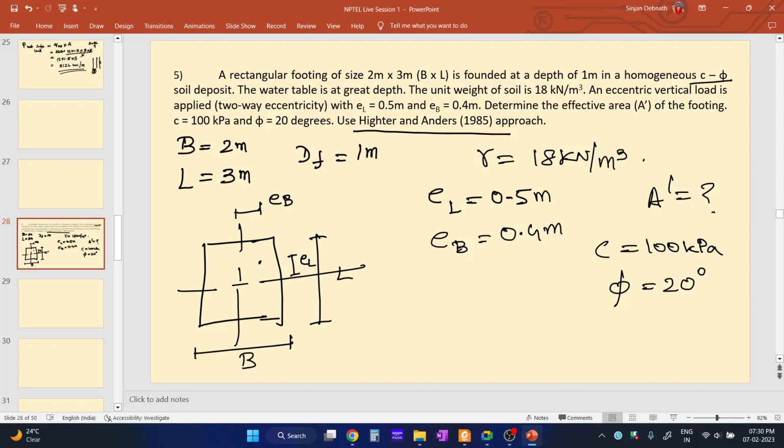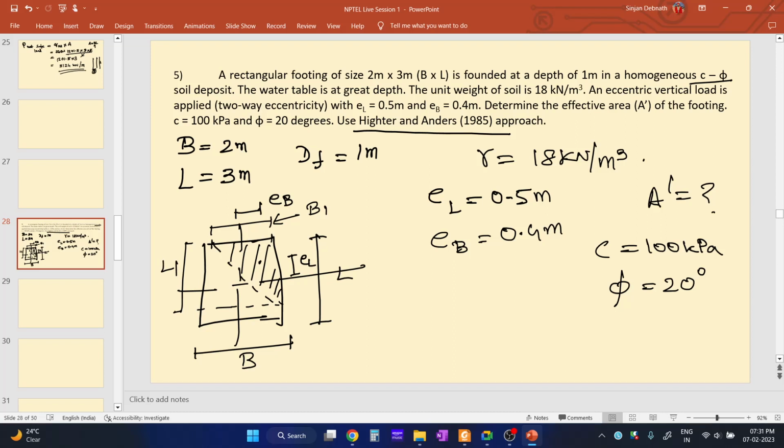We know the values of EL and EB. The effective area will be like this. This is the value of B1, from this end up to this end, and up to this part it is L1.